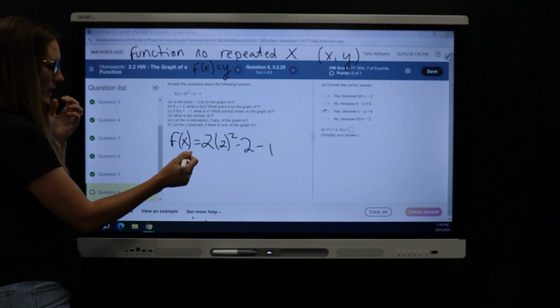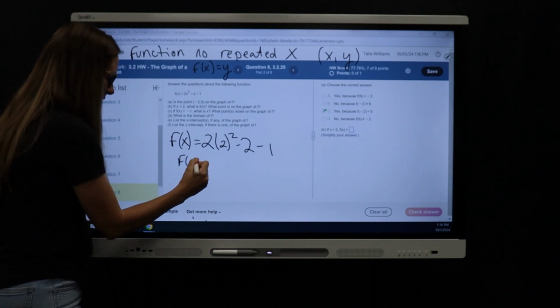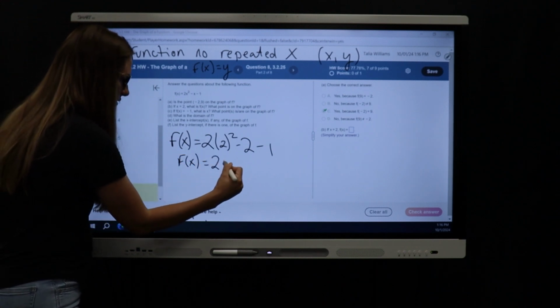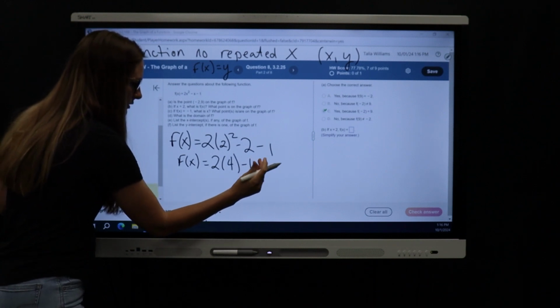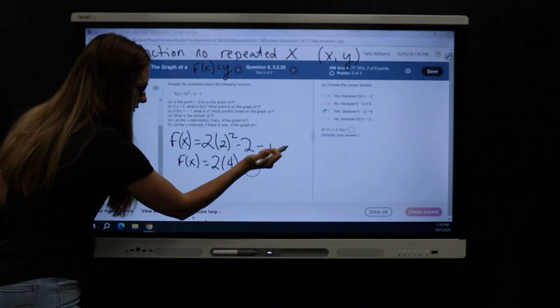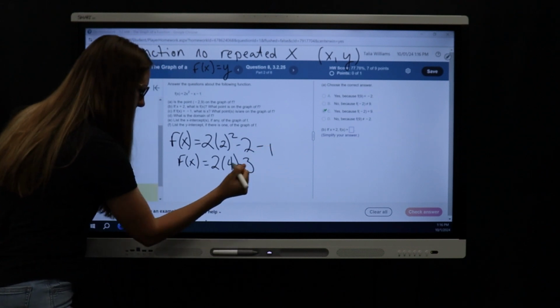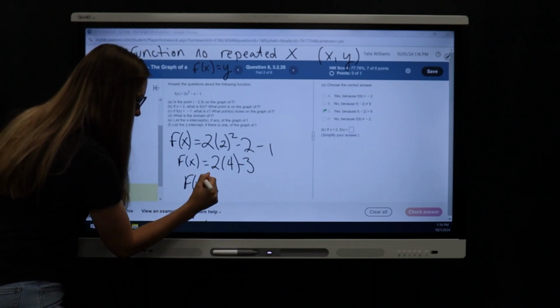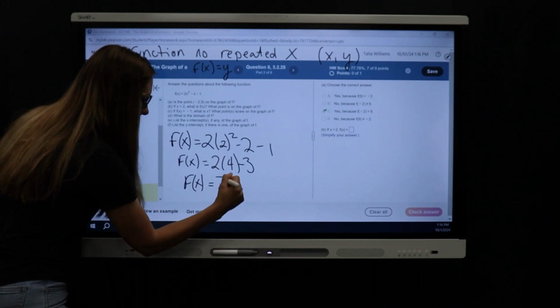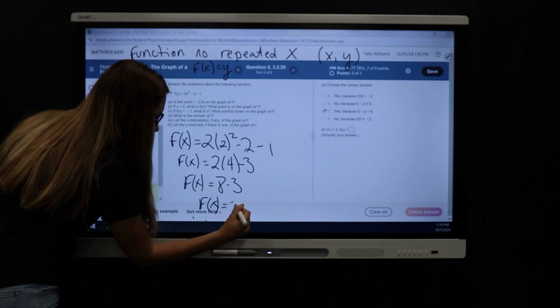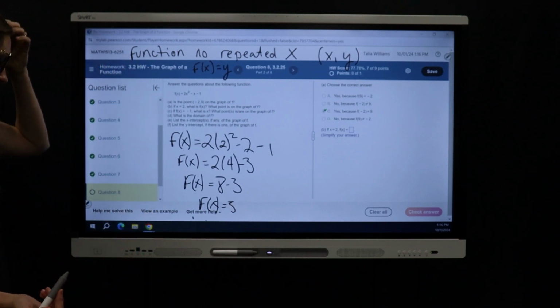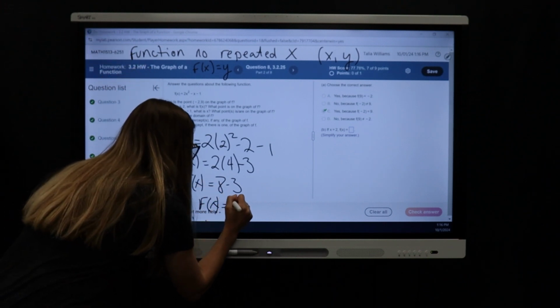We put 2 in for x, so 2 times 4, negative 2, and negative 1 would be subtract 3. So f of x equals 8, subtract 3. F of x equals 5.